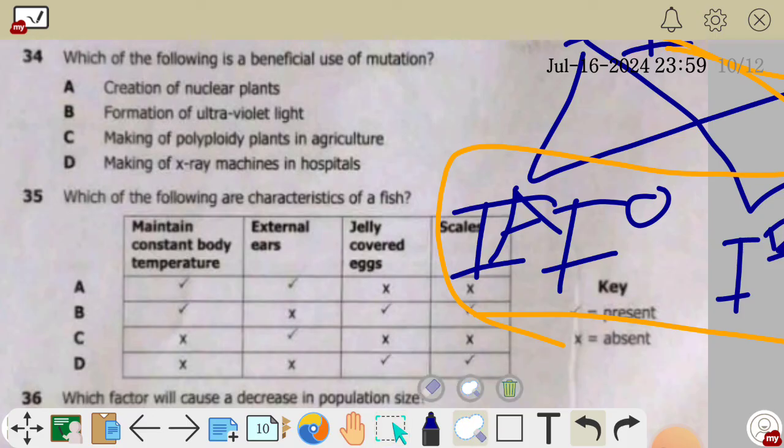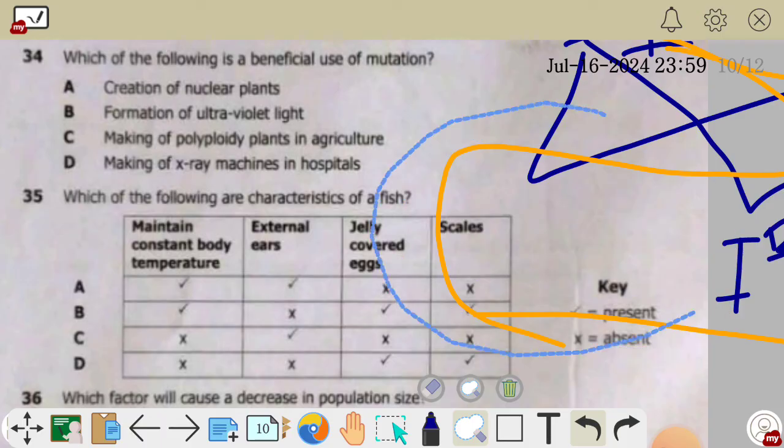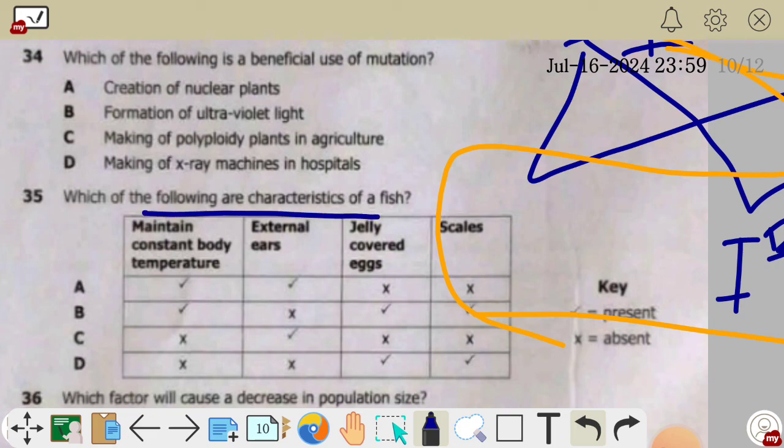Question 35. Which of the following is a characteristic of a fish? Characteristics of a fish: maintain constant body temperature.